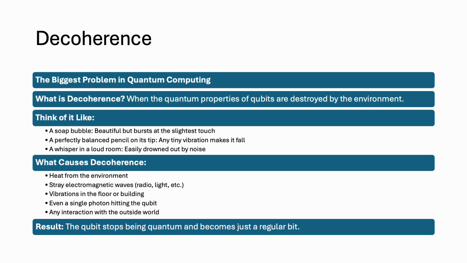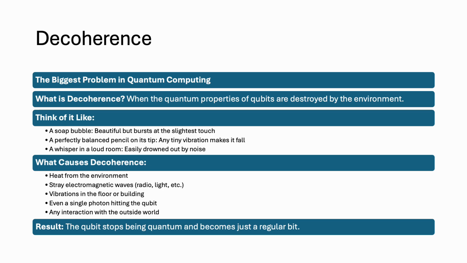Electromagnetic radiation, radio waves, light, and cosmic rays can interact with qubits. Even the act of measuring requires some interaction, which is why measurement collapses quantum states. Vibrations from the floor, magnetic fields from nearby equipment, and even the quantum vacuum itself all contribute to decoherence.